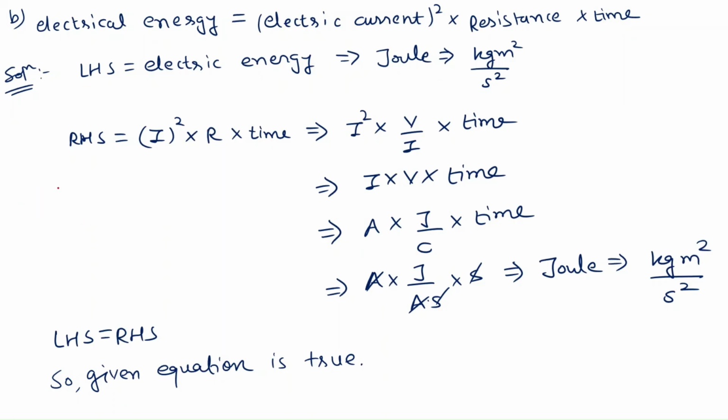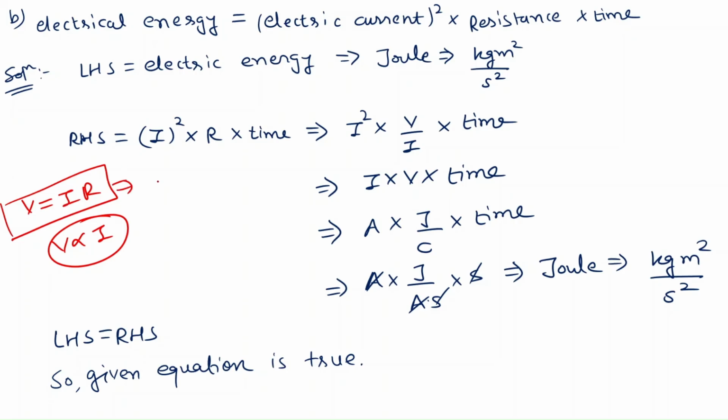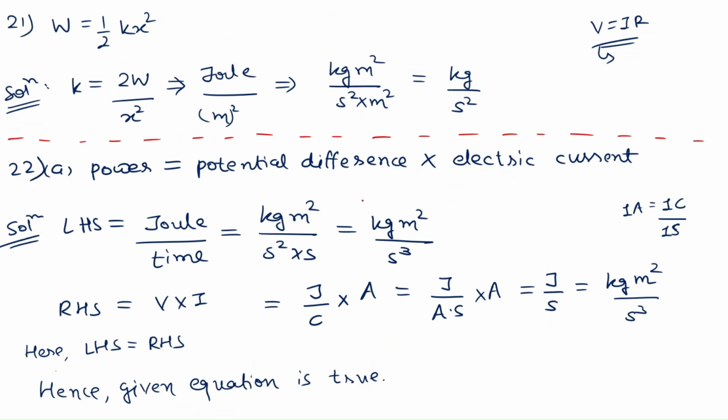In electrostatics, we will also see Ohm's law. Ohm's law says V is proportional to I, and we derive the formula V equals IR. From that, we can write V upon I equals resistance. So substitute V by I instead of R. V we already know can be expressed as joule per coulomb.